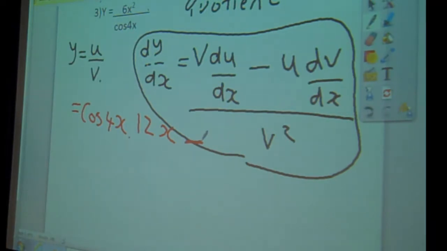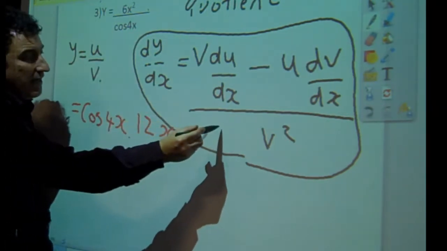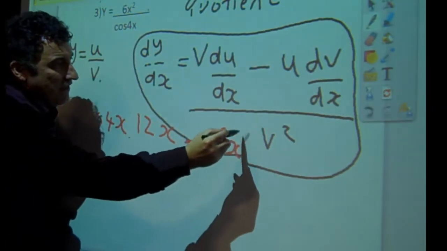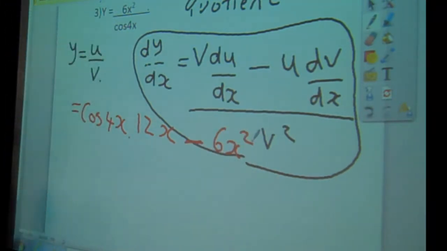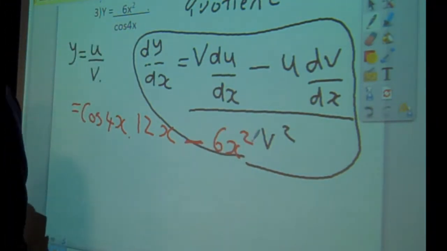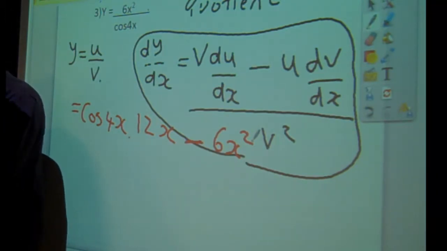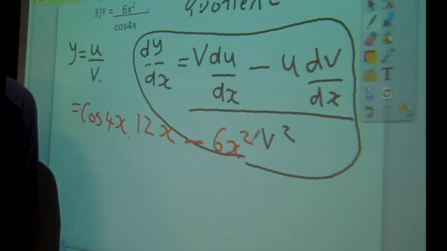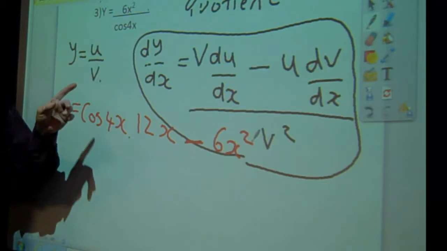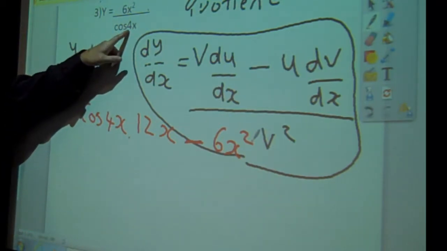So, and we've got the 6x squared, yeah? The 6x squared is the u value. And we've got to differentiate cos 4x. If you remember in Unit 4, Maths for Technicians, cos ax became minus a sin ax. Sin ax became a cos ax. So in this case, the a is 4.